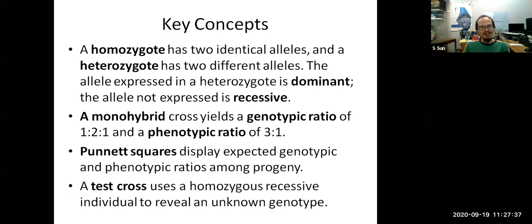If you only have one kid, you really don't know the parents' genotype. But if you have 4 kids, then you have a good number to know the genotype of the parent. And that's what Gregor Mendel did. He did not do a gene test, but just by observing the offspring, he could know the parents' genotype and also the kids' genotype.